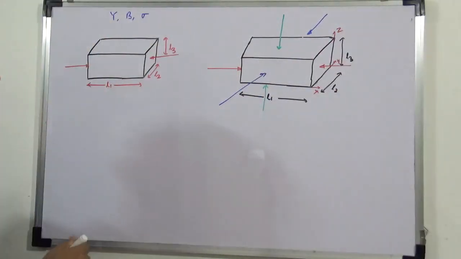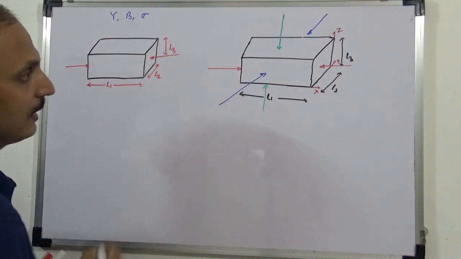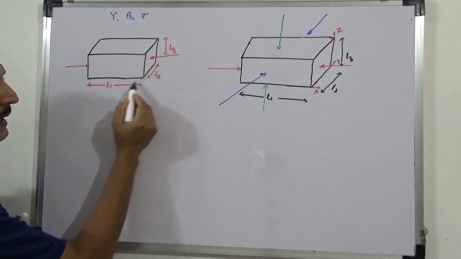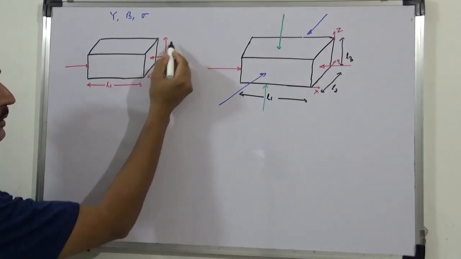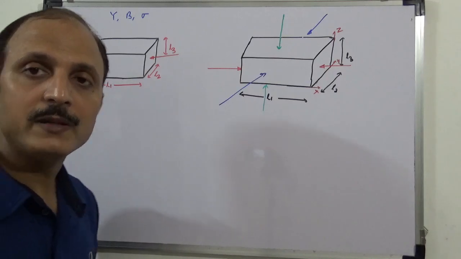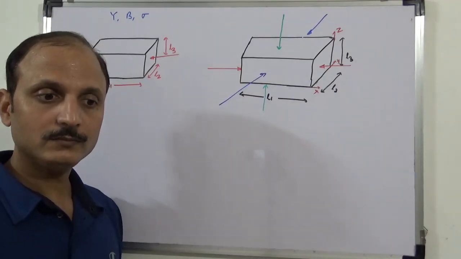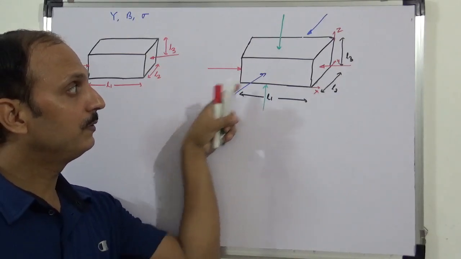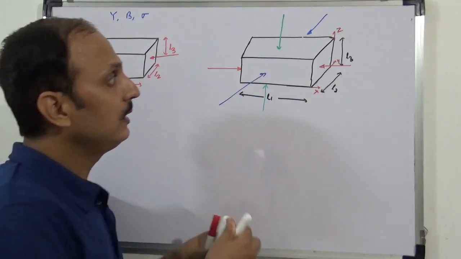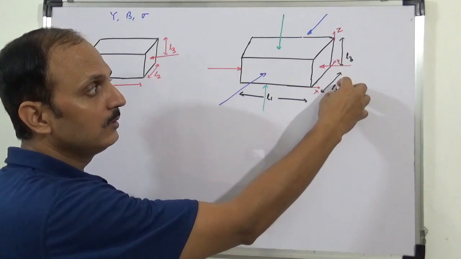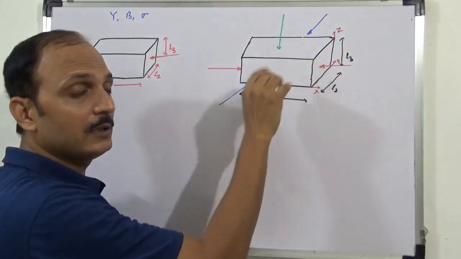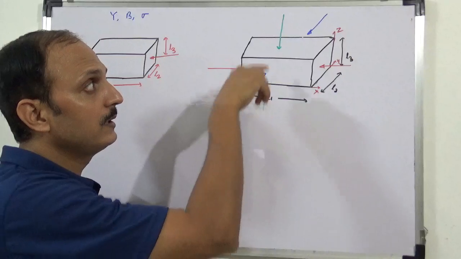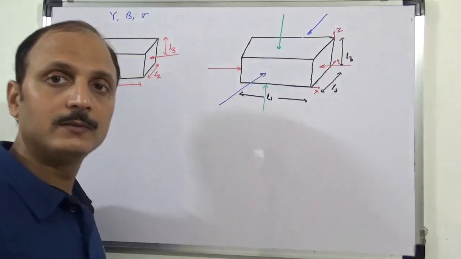So because of this force along the x-axis, it will change the dimension of L1 as well as L2 and L3. All three dimensions will be changed. The same way, the blue force will decrease the length of L2, but L1 and L3 will also change, and same for the force due to green.